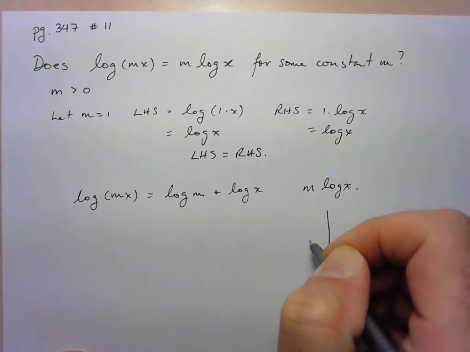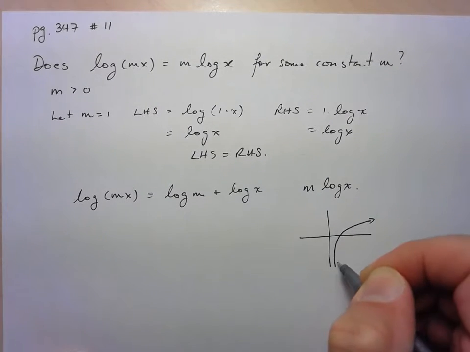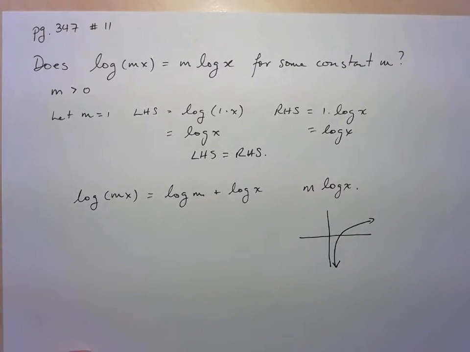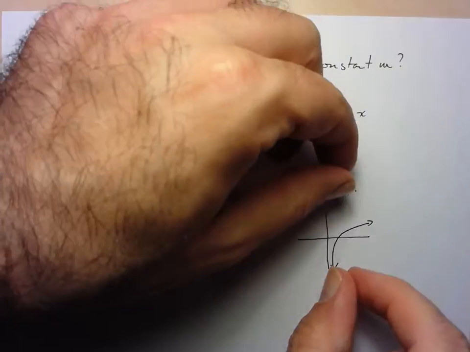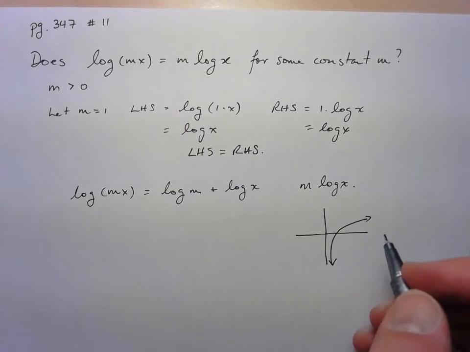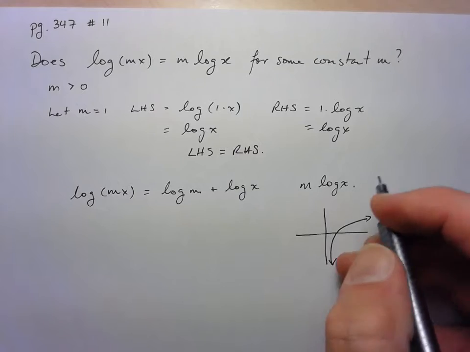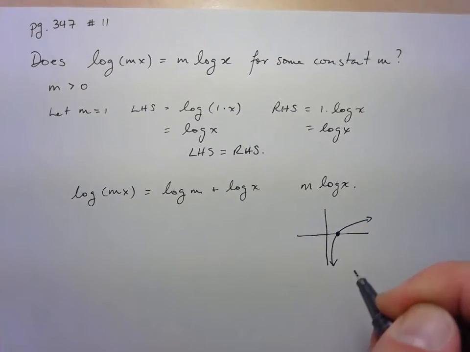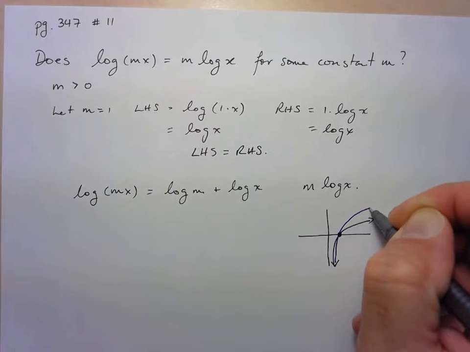Let's think about what log x looks like. It looks something like this. And let me get a different color here. If I stretch this function vertically, what's the one thing that doesn't change? Anything that's on the x-axis will not change. So this point will be invariant, but everything else will be stretched.